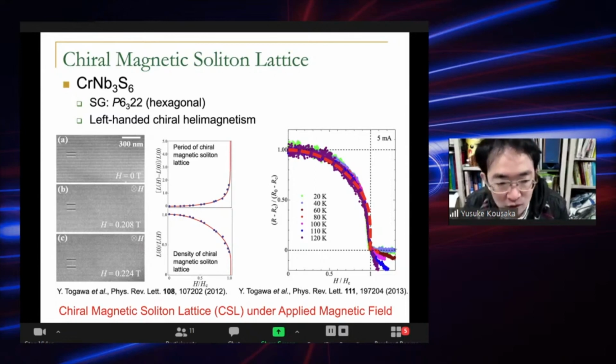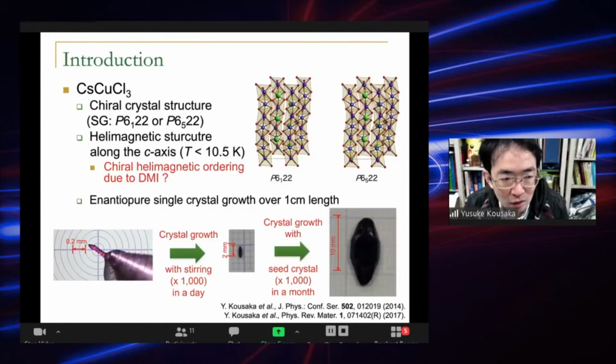The second compound is cesium copper chloride. This compound also forms a chiral crystal structure belonging to P6122 or P6522. It was reported that it can form a chiral helimagnetic structure, but it was very difficult to validate whether this is a chiral helimagnet or not, because it was very difficult to grow a homochiral single crystal.